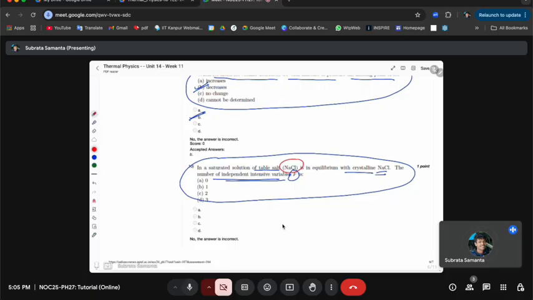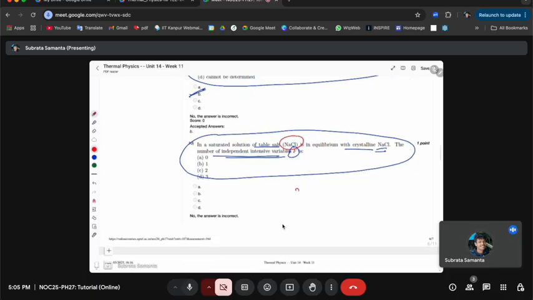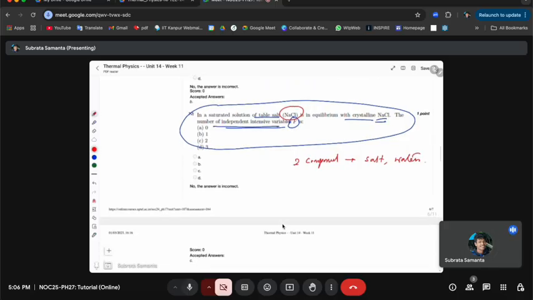So that means there are two components, basically salt and water, okay, and there are two phases, right, it's basically the solution of NaCl and the crystalline, so solid crystal, right? So two phases and two components.